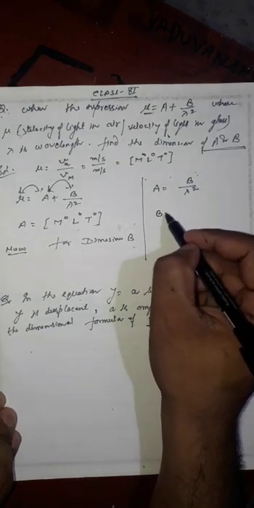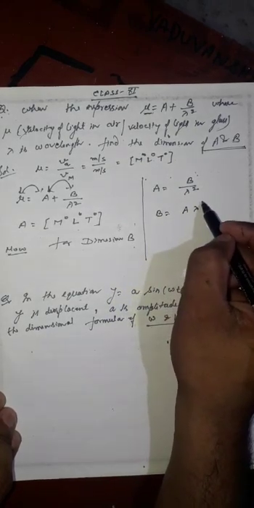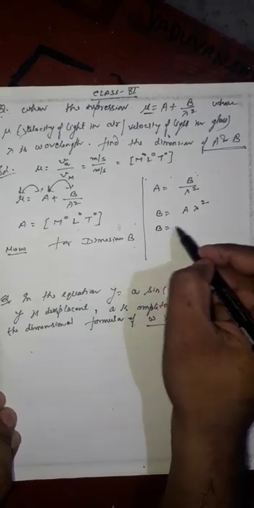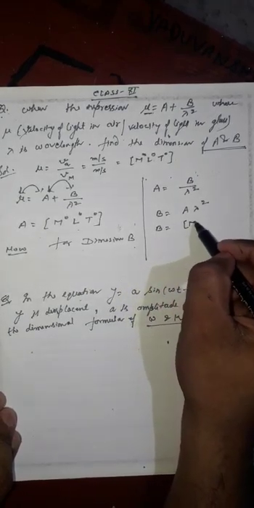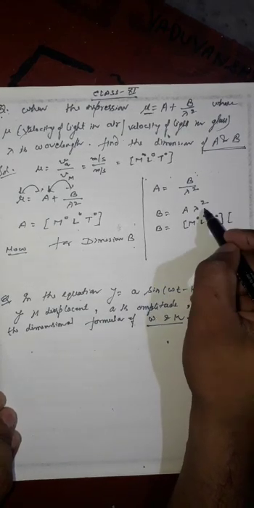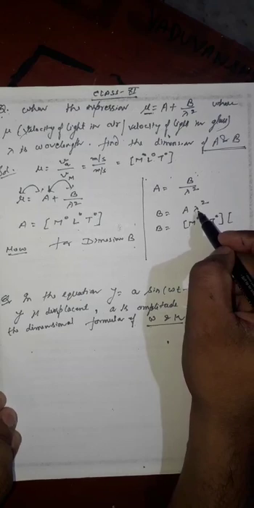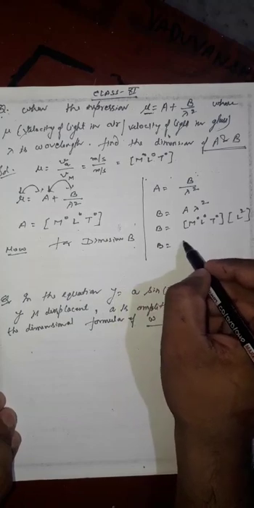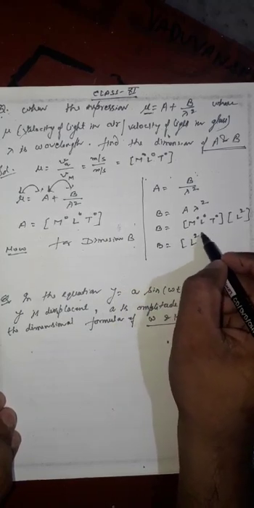Then the dimension of b is equal to a into lambda square. The dimension of a is dimensionless, M0, L0 and T0, and lambda is the wavelength, whose unit is meter, so lambda square is L squared. Then we can say the dimension of b is L squared.